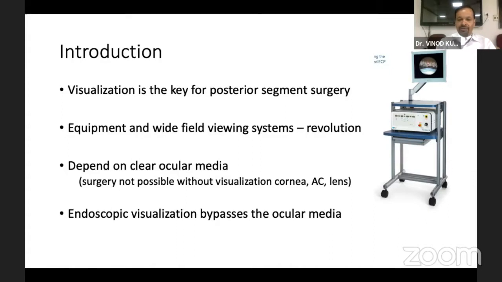But the cornea remains the issue because availability of corneal tissue is a problem in the majority of setups. Temporary K-Pro is one of the methods to tackle that, but it poses a problem because you need a graft immediately after the completion of the surgery, which may not be available in all the centers.